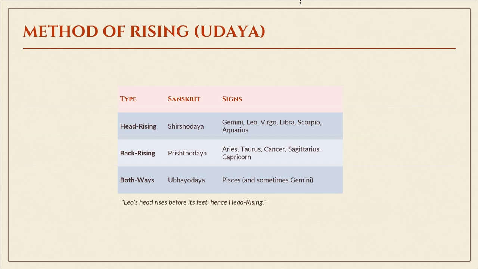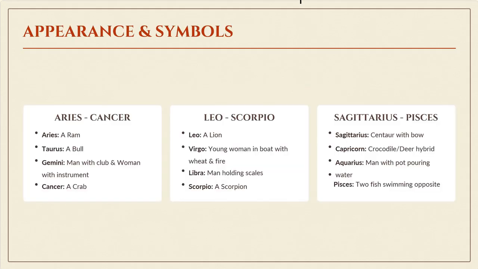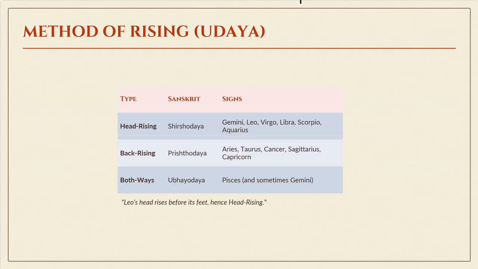If someone has more planets in tail rising Rashi, he will feel more energetic, more comfortable during night. So this way we can use the head rising and tail rising aspects of various Rashis. In Sanskrit they are known as Shirshodaya, Prishthodaya and Ubhayodaya Rashis.